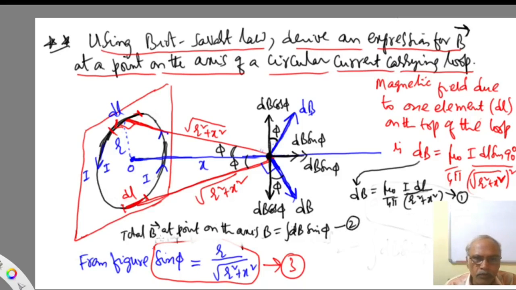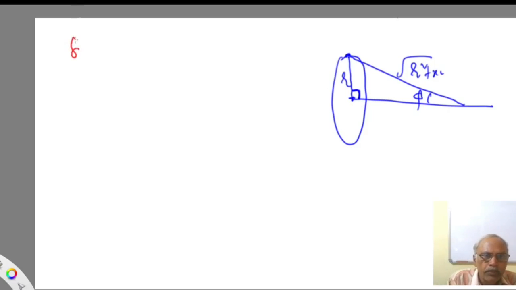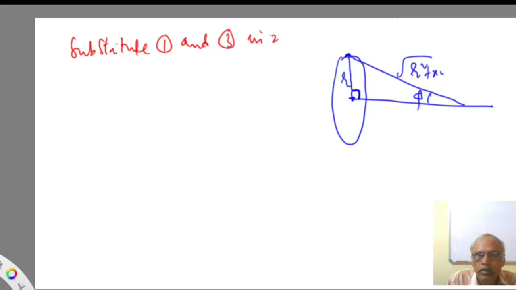Now if you substitute 1 and 3 in equation 2, B is equal to the integration of dB sin phi.